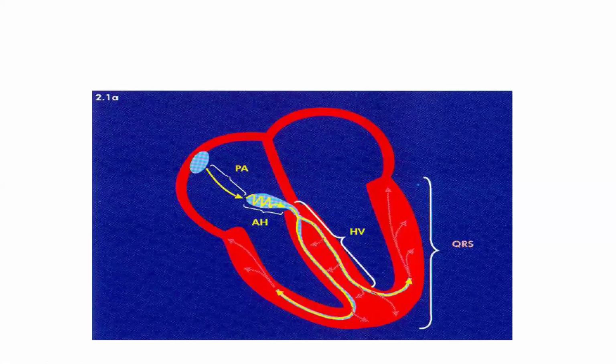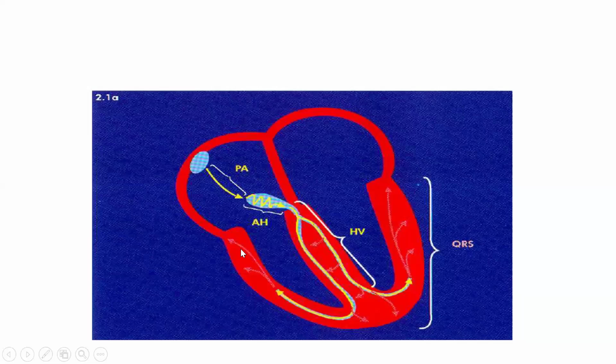Another important basic term we should know is when we use the words A, H, and V. A represents the atrium, atrial electrical impulses. H represents the impulse at the HIS, and the V represents the impulse in the ventricle.